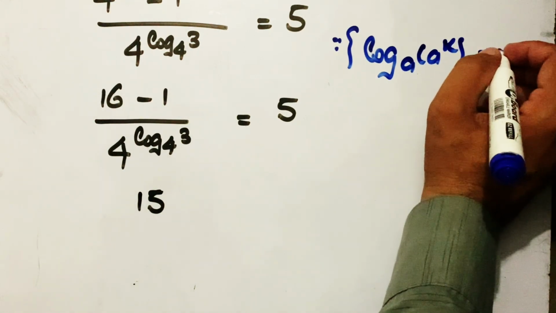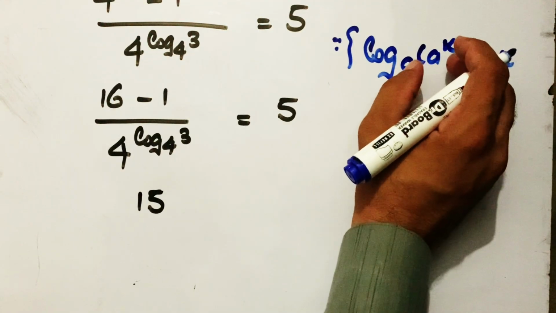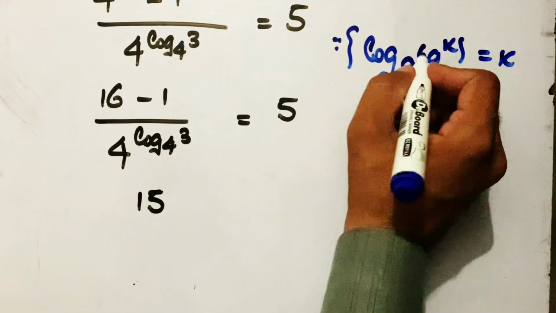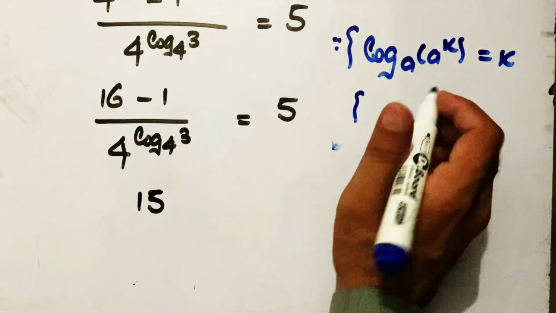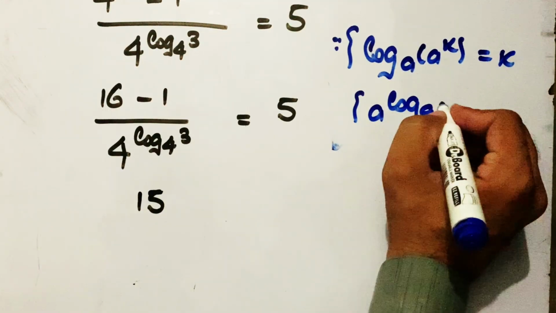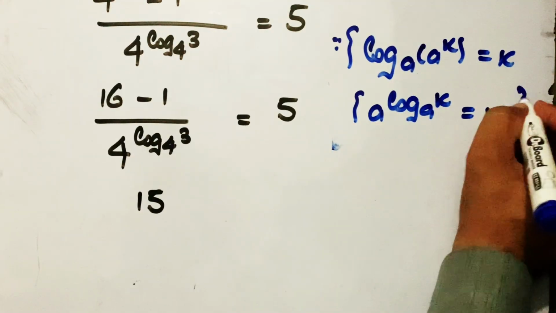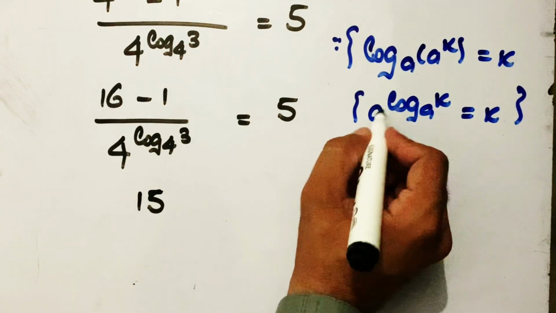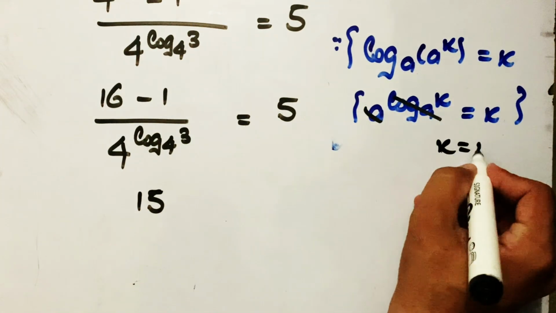As we saw, if I take this log with the power, the next step looks like a to the power of log base a of x equals x. So this term and this term cancel, and we got the final value of x.